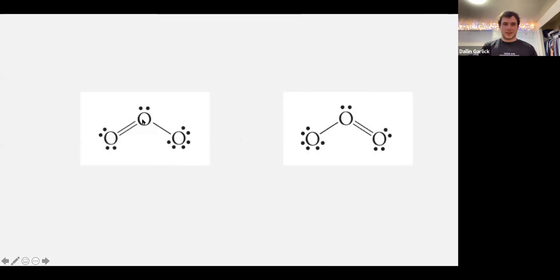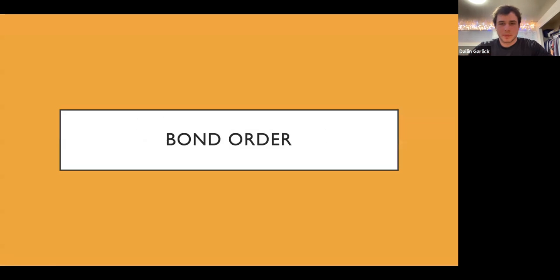As seen here, this is a resonance structure for ozone, or O3, because the double bond could also be on the other oxygen on the other side. Fairly simple there.